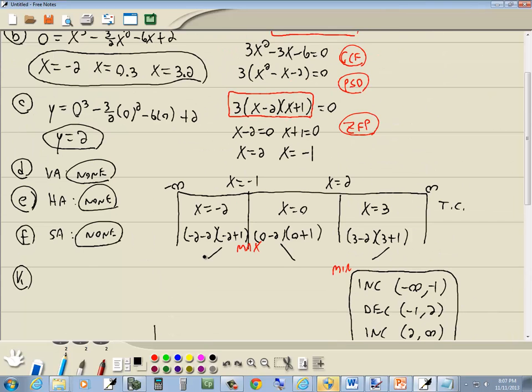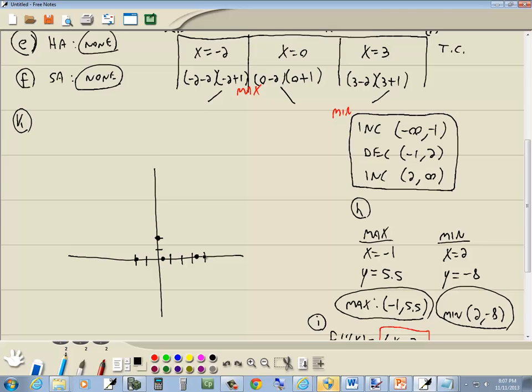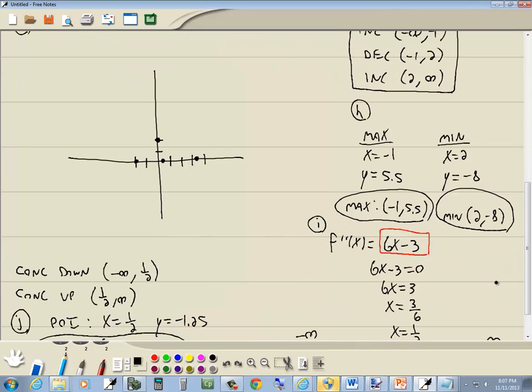Our min and our max. Where's that at? There it is. Our max is negative 1, 5.5. 3, 4, 5, 6. Negative 1, 5.5. Somewhere right there. So that's our max. Our min is 2, negative 8. 1, 2, 3, 4, 5, 6, 7, 8. So 2, negative 8 would be right there.